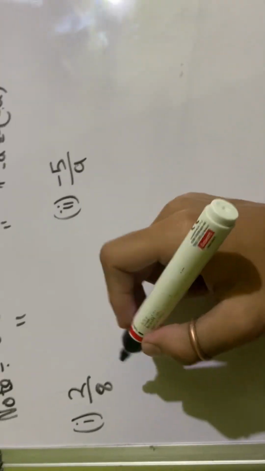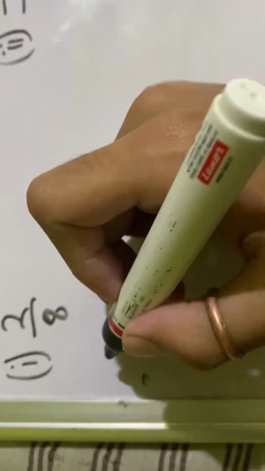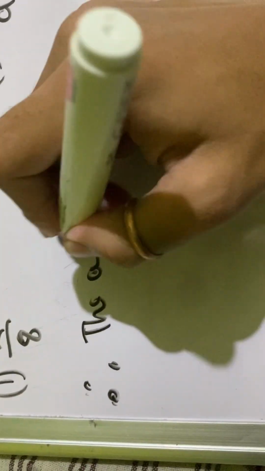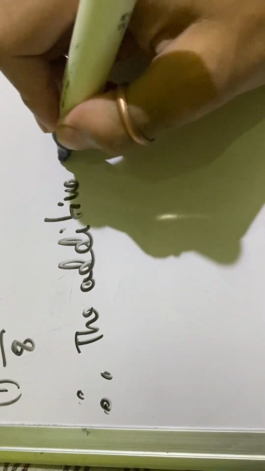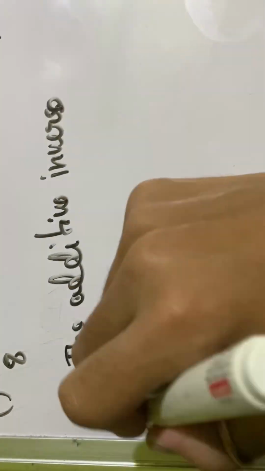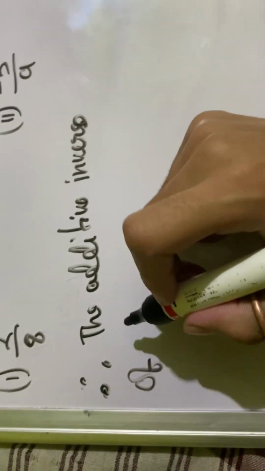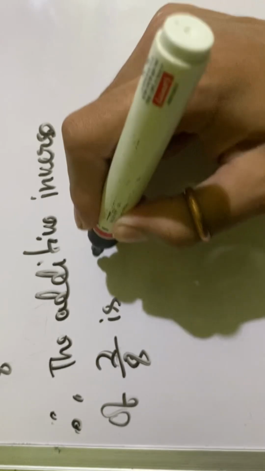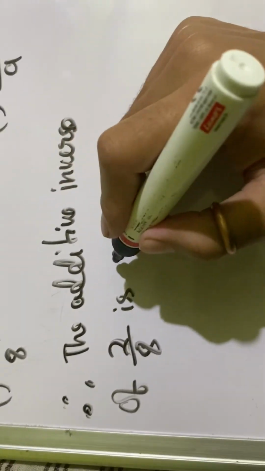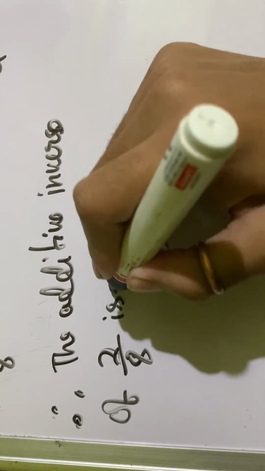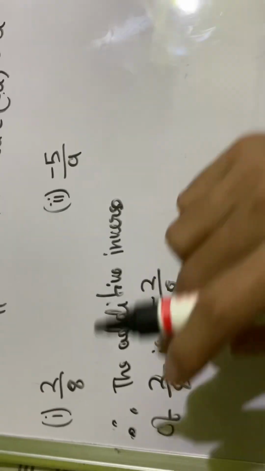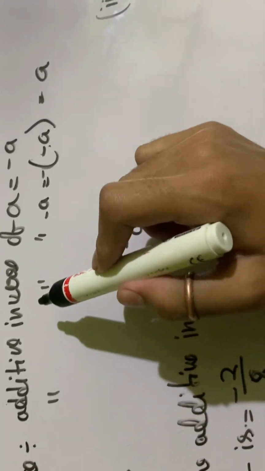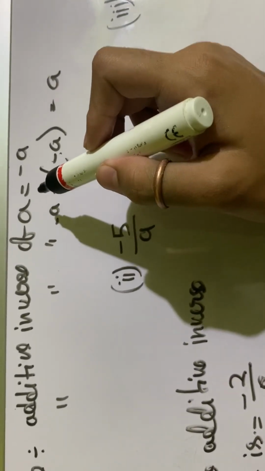So we write, therefore we write additive inverse of 2 by 8 is minus 2 by 8.